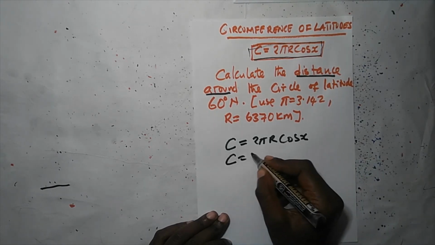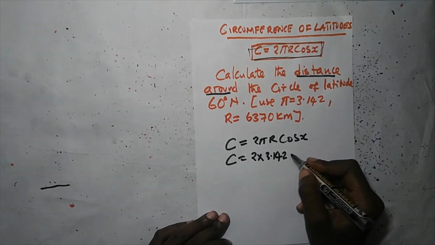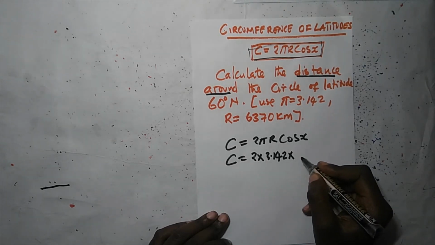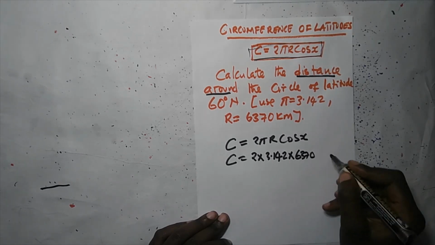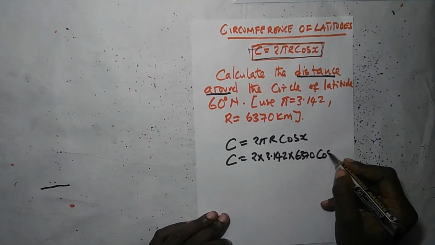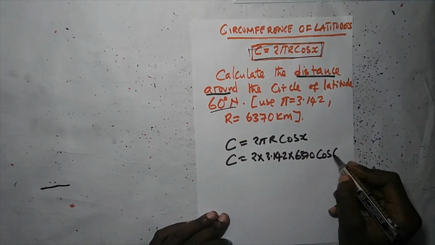So circumference is equal to 2 pi, which is 3.142, times r, which is 6370, cos x, where x is the latitude, which is 60 degrees.